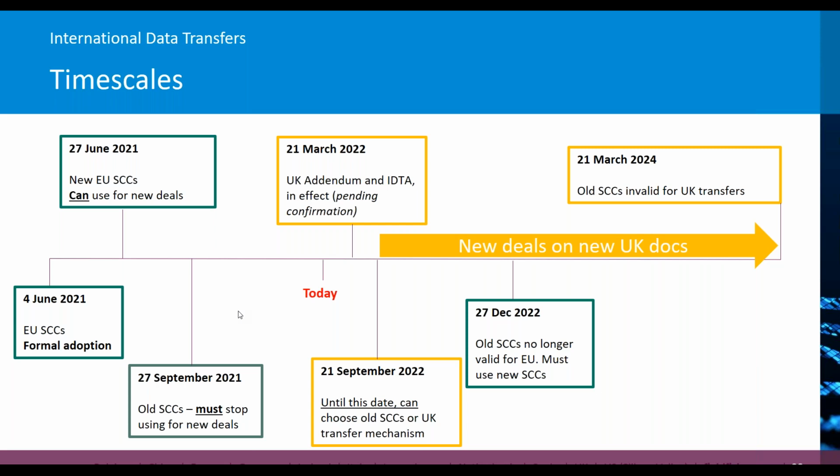And then there is quite a healthy grace period until the 21st of March 2024, during which period, if you are relying on the old EU SCCs for data transfers, they will remain valid. So it's just that from the 21st of March 2024, all deals, new and old, need to be relying on the new documents. So that is a marked difference.